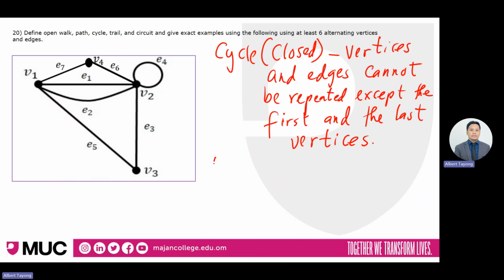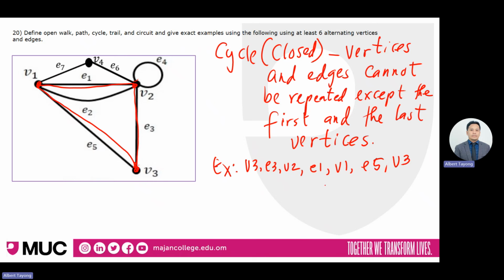Okay, for example, we started from V3 and E3, V2, and then we have E1, you can do like that, V1, E5, V3. So from V3, then E3, V2, I took E1, V1, then E5, V3 again.